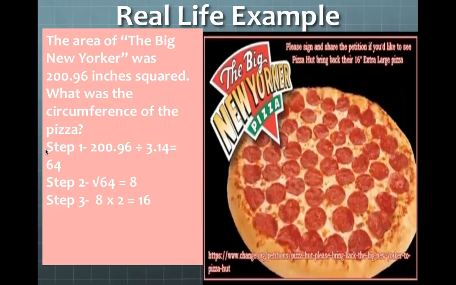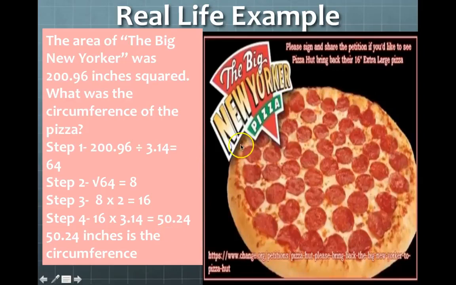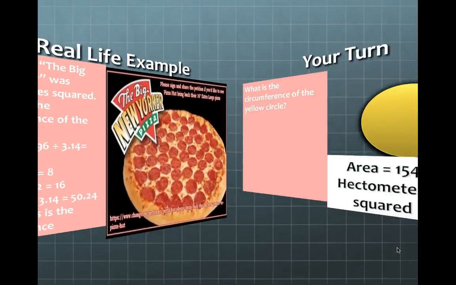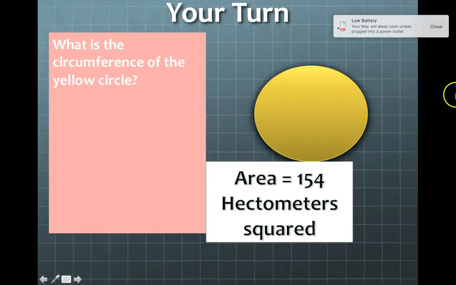I then double the radius to get a diameter. The diameter is 16, and that checks out with the advertisement, 16 inches. Then I do 16 times pi, and it is 50.24. So the Big New Yorker was approximately 50.24 inches round. That was the circumference.